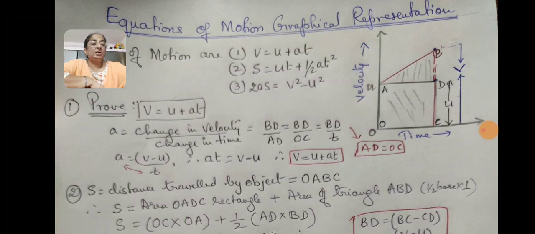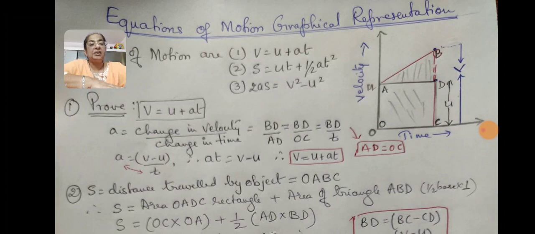Now, bringing u this side and v that side, we have change of sign. So, therefore, v is equal to u plus at. So, the first one we have proved. If you have not understood, I will repeat again. a is equal to v minus u upon t, that is final velocity minus initial velocity upon time.